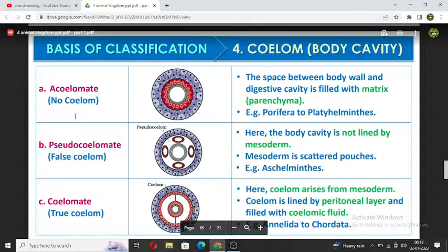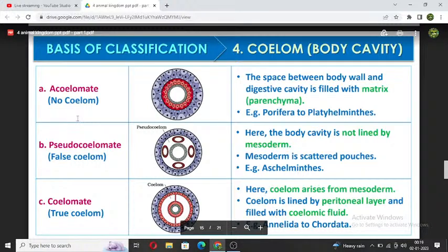Coming to pseudocoelomate. Pseudocoelomates are organisms where the body cavity is not lined by the mesoderm. Mesoderm is like scattered pouches, so a true coelom is not present here.